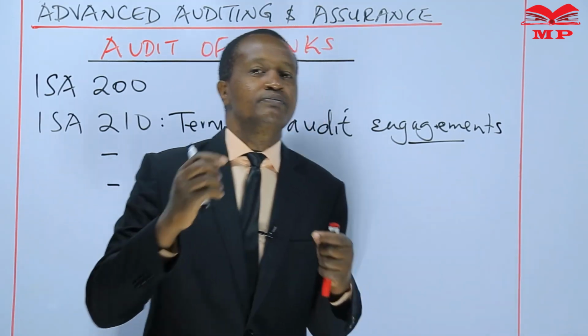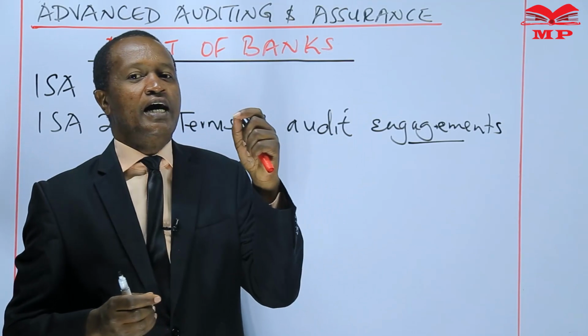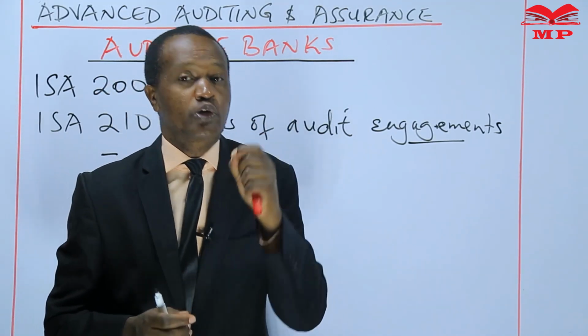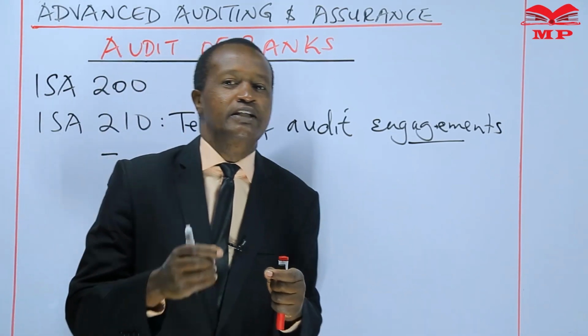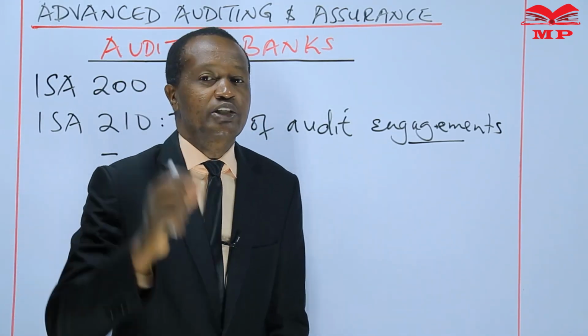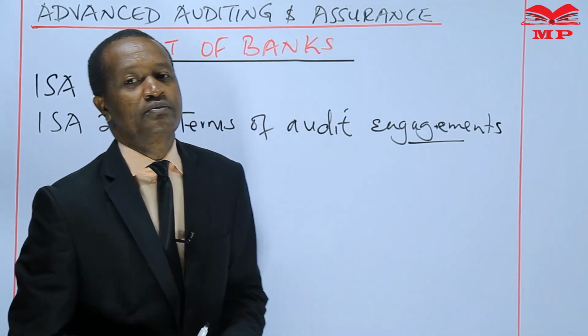Then number three, the nature and any special communication requirements or protocols that may exist between the auditor and the banking supervisory or other regulatory authorities like the central bank.